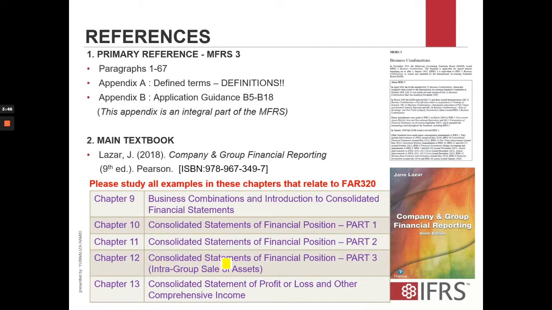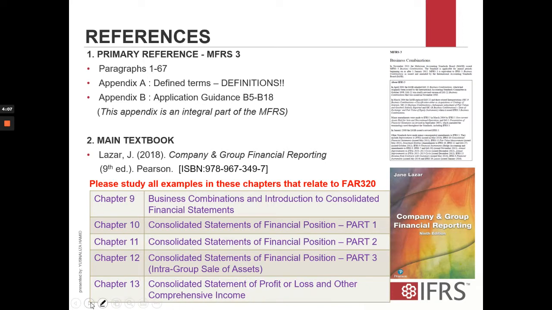Chapter 12 is on the intra-group sale of assets. Chapter 13 is on preparing another consolidated financial statement, which is the consolidated statement of profit or loss and other comprehensive income.